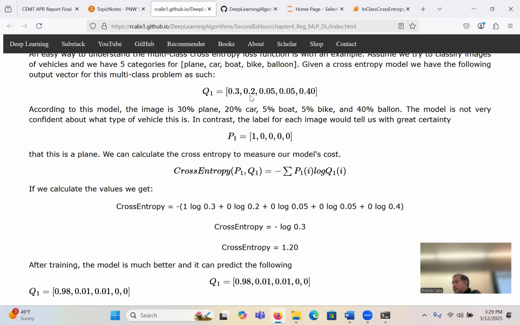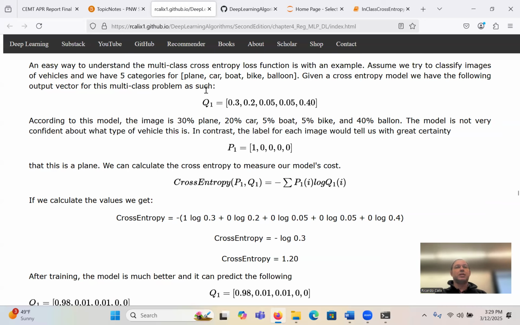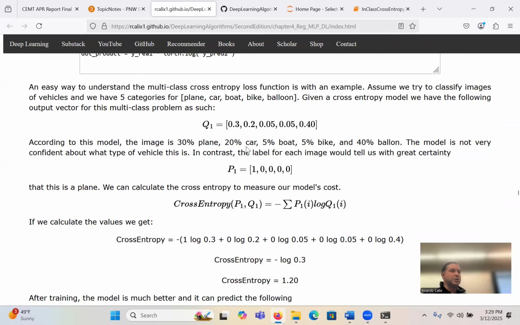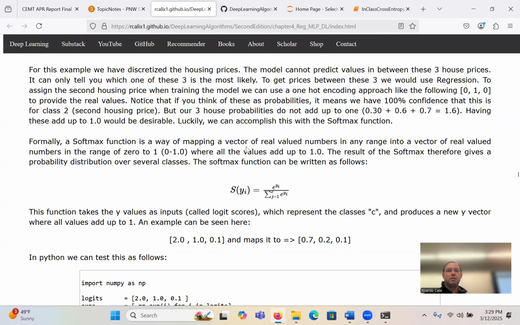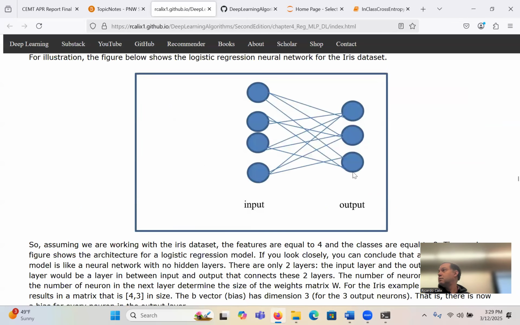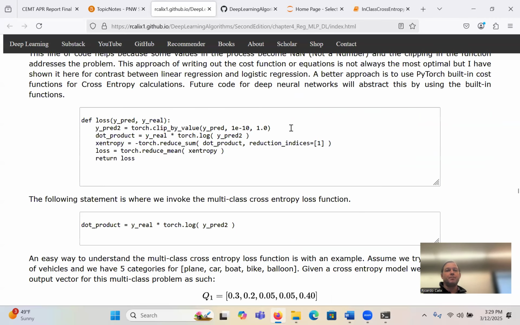The classes are the outputs. So what's the size of that vector? The output vector, what is it? For this scenario, Q1. 5. Exactly, right? Just like remember with Setosa, Virginica, and Versicolor, right? You had 3. For the Iris data set, you had 4 inputs, 3 outputs, and however many hidden layers in between. For this problem, you have 5.